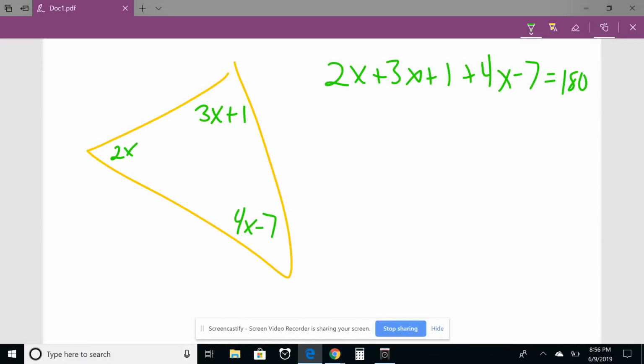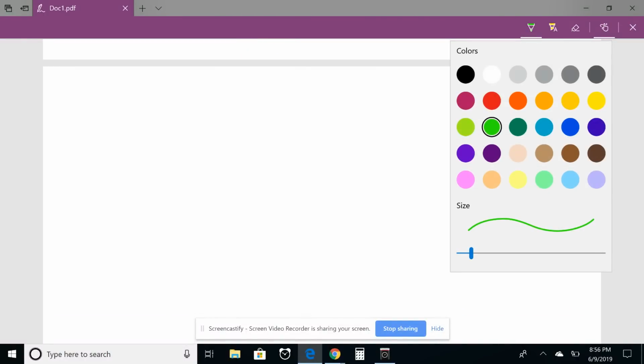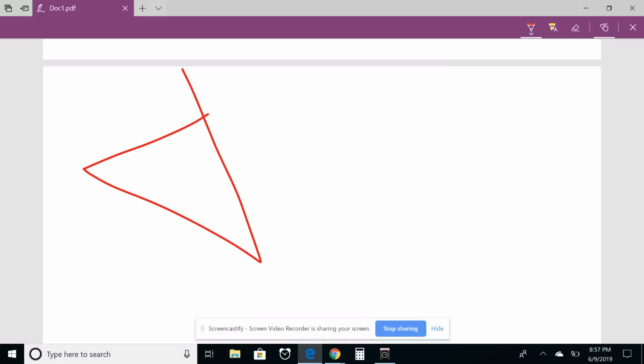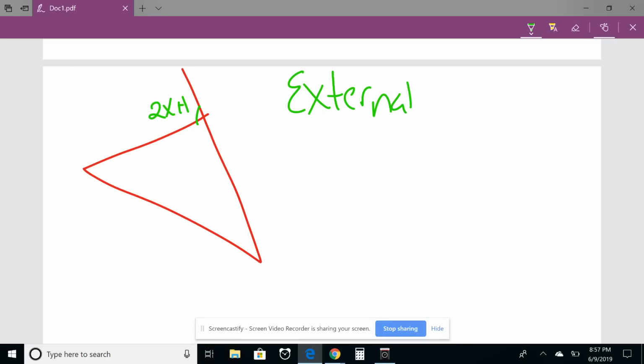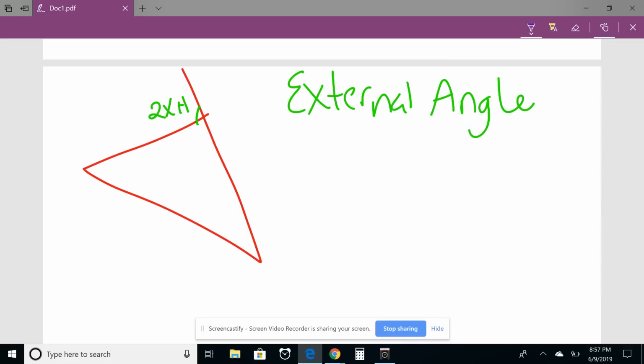Another type of relationship you could see in triangles is an external angle. So, for example, this angle right here is called my external angle. We know that the two non-adjacent angles of the triangle, the interior angles, add up to the external angle.